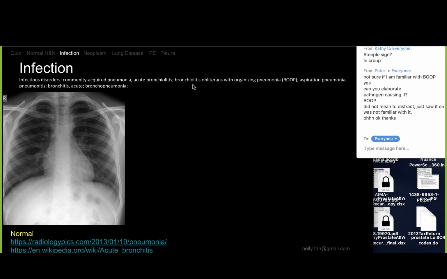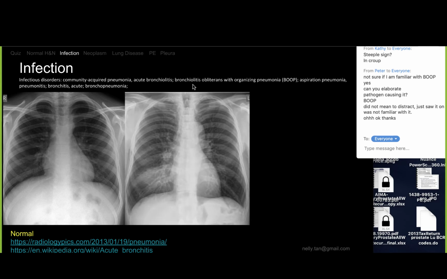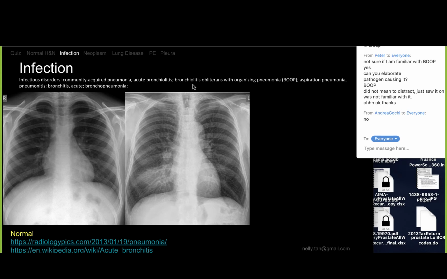So that's what's normal. And what's abnormal here on this image? Or is it normal too? What do you think? Okay, so Andrea thinks it's abnormal. It's cloudy. Where? Right, left, up, down. So there's an infiltrate in the right middle lobe.